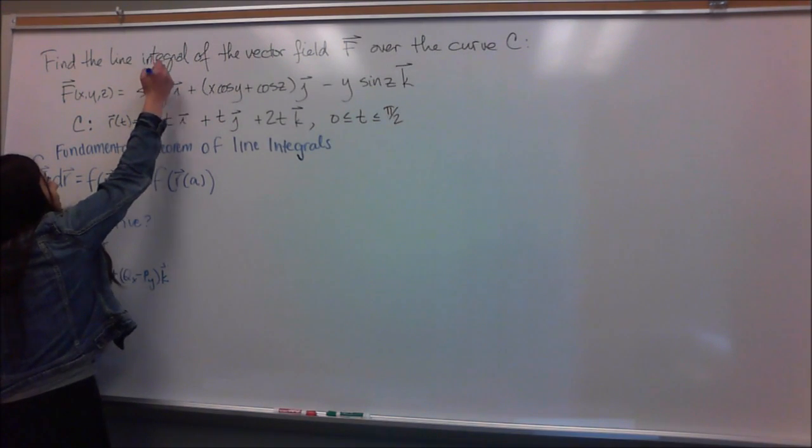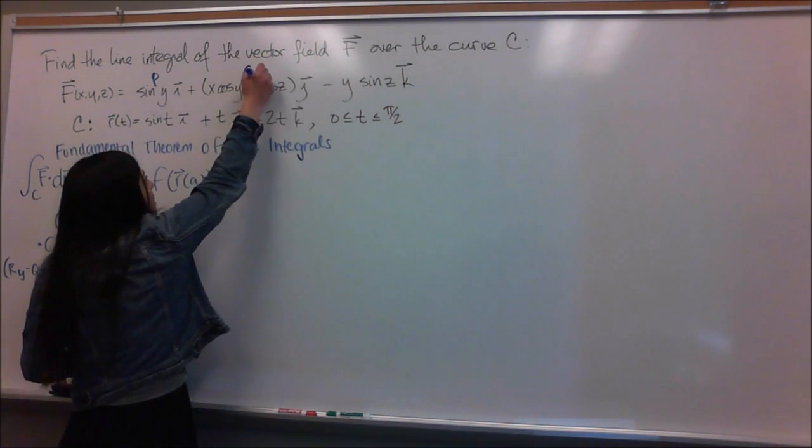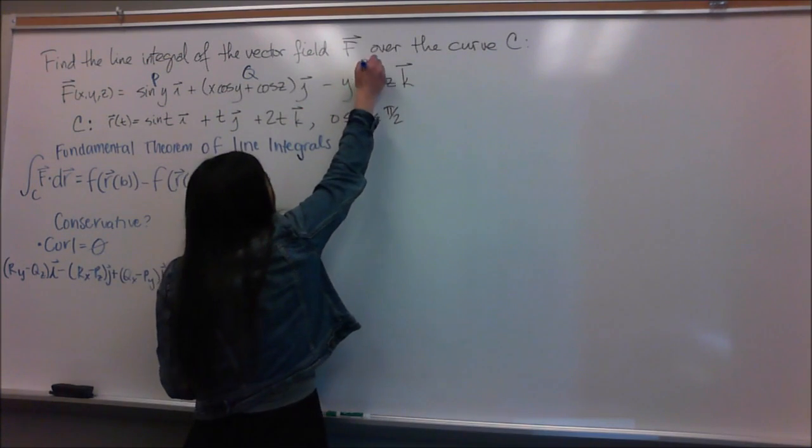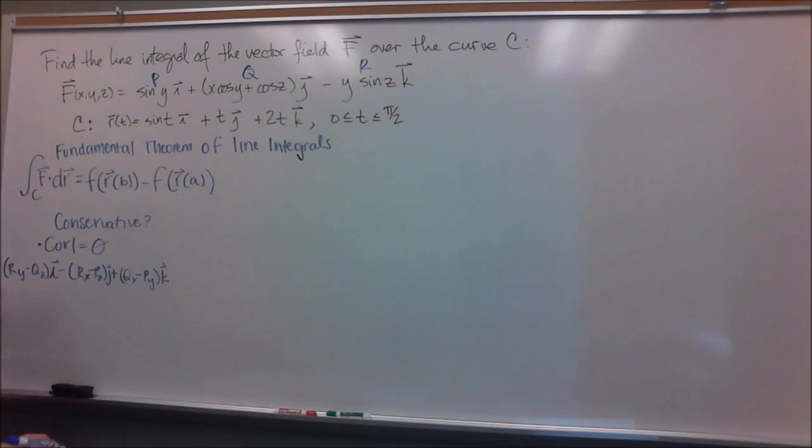In this vector field, this is our P, this is our Q, and this is our R component. So, we're going to plug these into the formula by finding all of these partials, and we want to make sure that it equals 0.